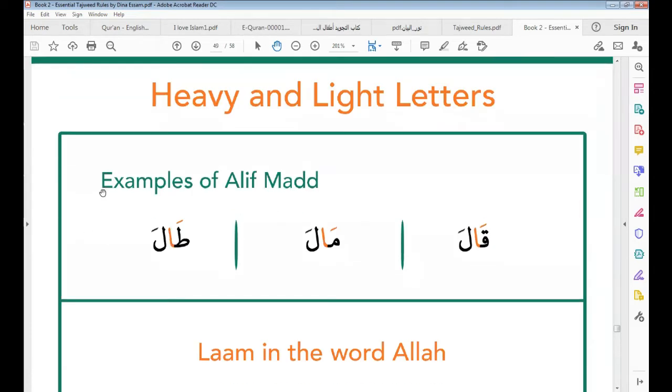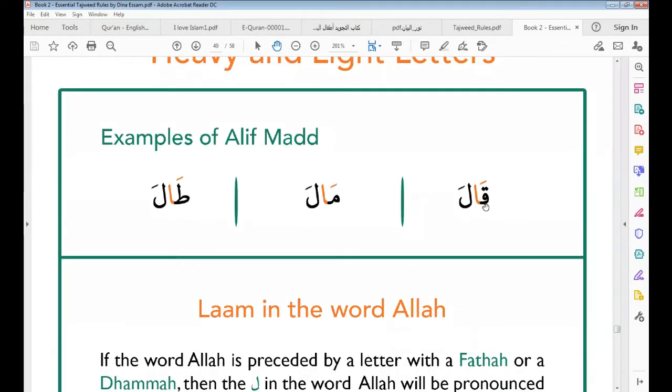Okay, let's take some examples about that. So when we have qa, qaf is a heavy letter, and the Alif Mad comes after this heavy letter, so we have to make this mad also heavy. Qala, qala. The second word we have is mala. So, mala.